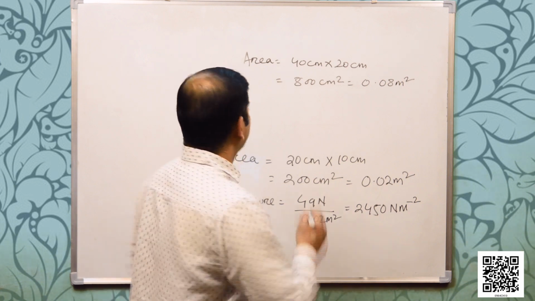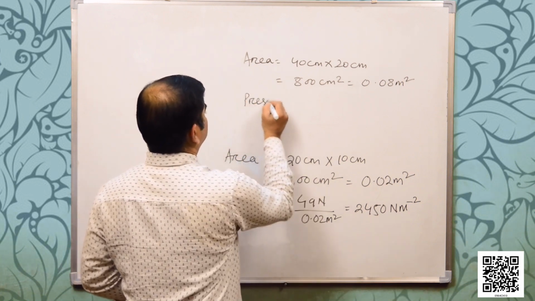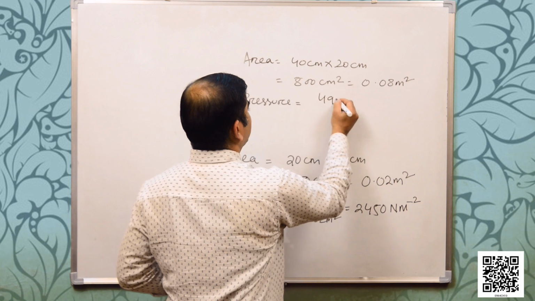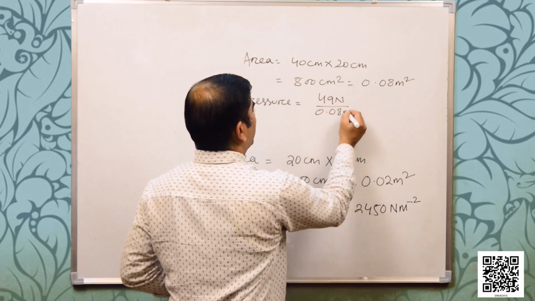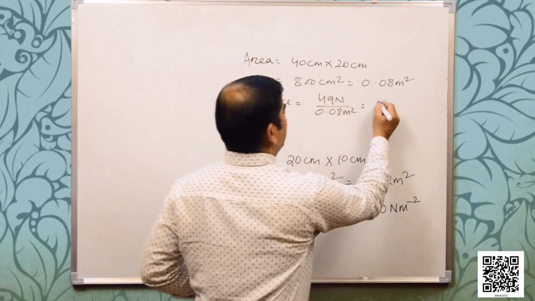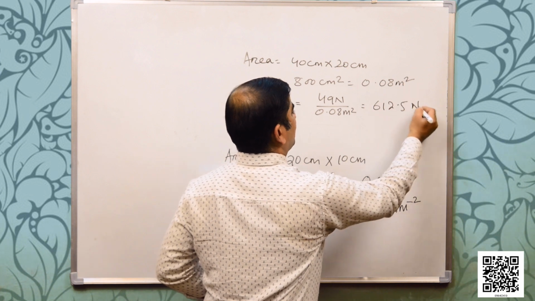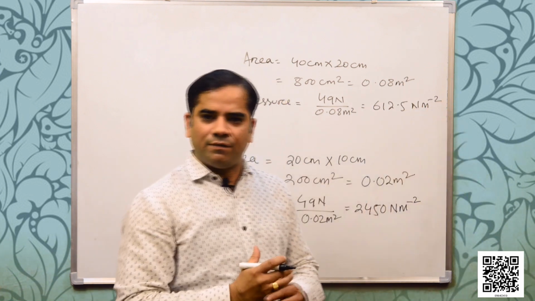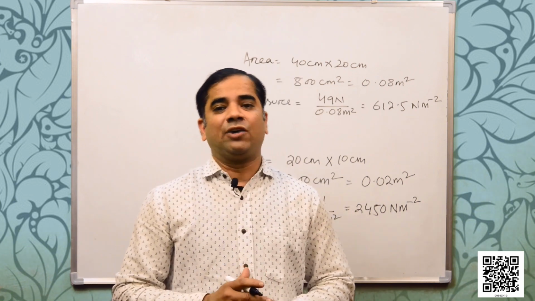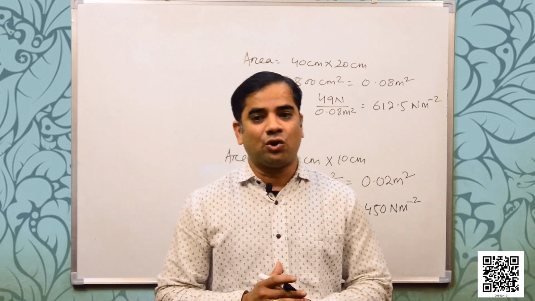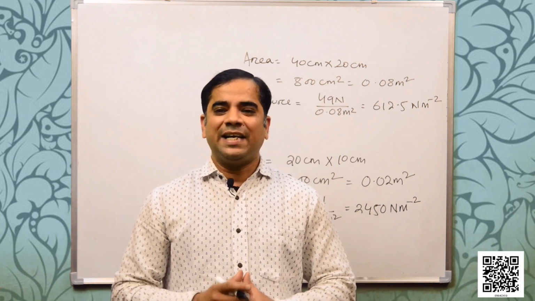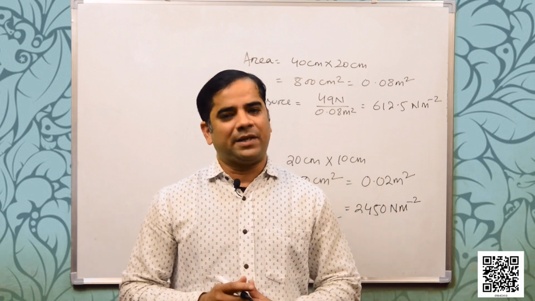So, in this case, pressure is equal to 49 Newton divided by 0.08 meter square, and when we calculate, it will give us a value of 612.5 Newton per meter square. So, the pressure exerted by the side 20 centimeter into 10 centimeter is 2450 Newton per meter square, and by the side 40 centimeter into 20 centimeter is 612.5 Newton per meter square.